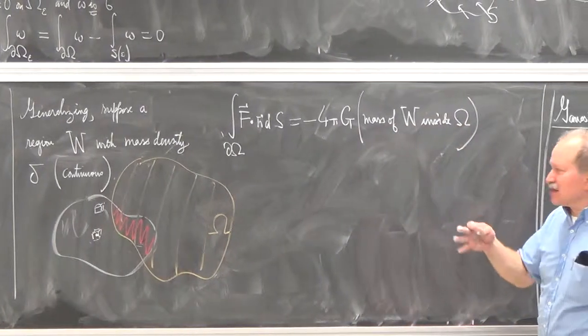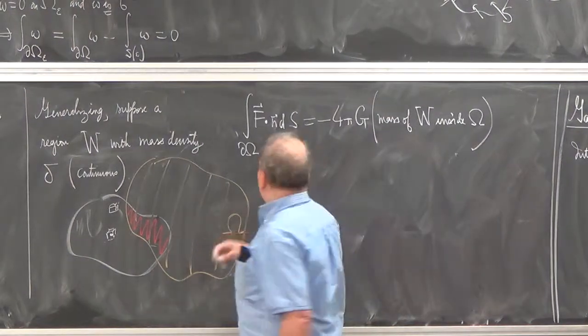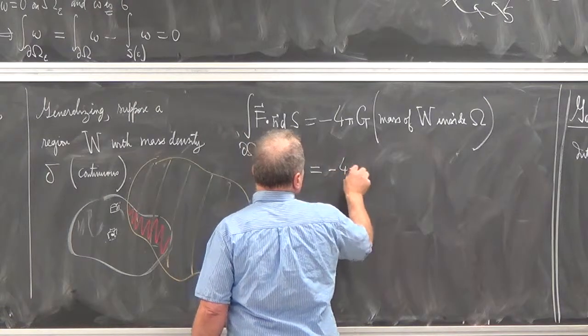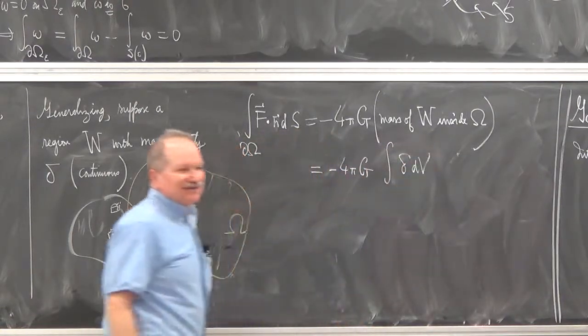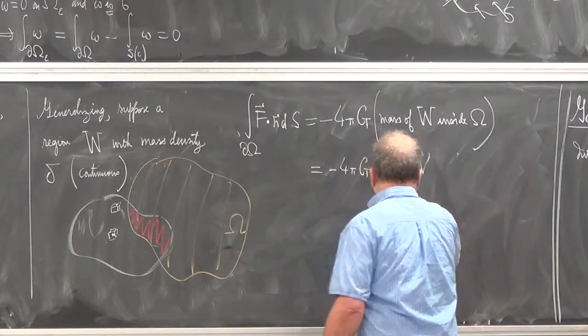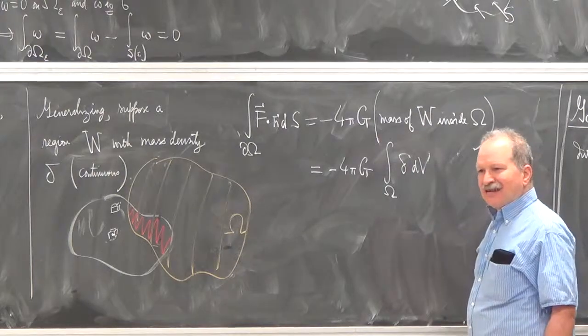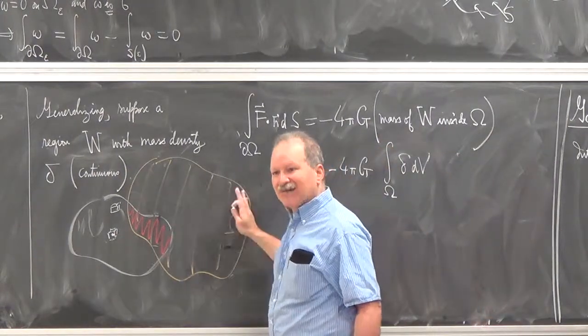Right? What masses of my mass distribution are inside my region omega? And what that turns into, in terms of the density function, is the integral over omega of the density. Well, I'm thinking the density is 0 outside omega, outside of W.